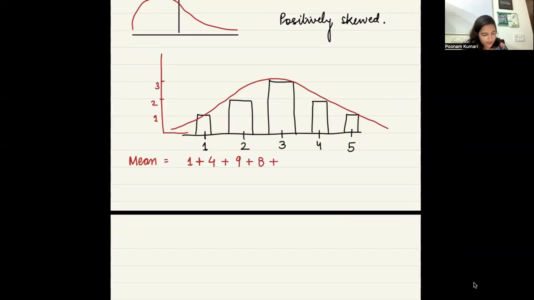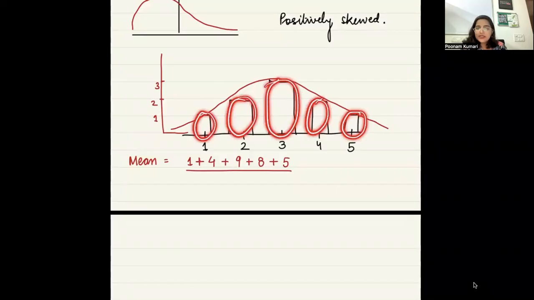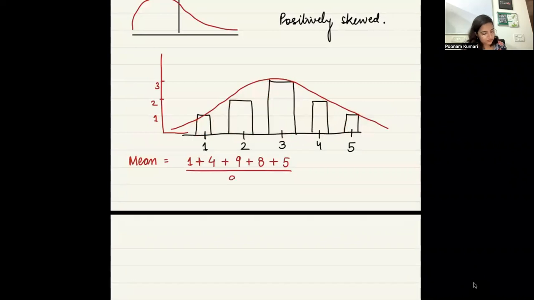And then 5 is coming 1 time, so 5, right? And then you divide it by what? 1, 2, 4 plus 2 is 6, and 3 is 9. The number of observations is 9.